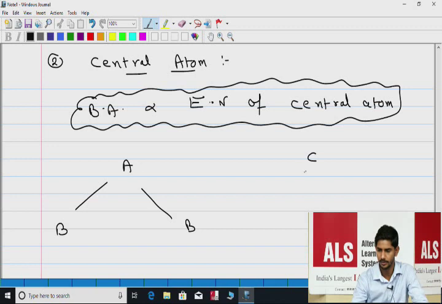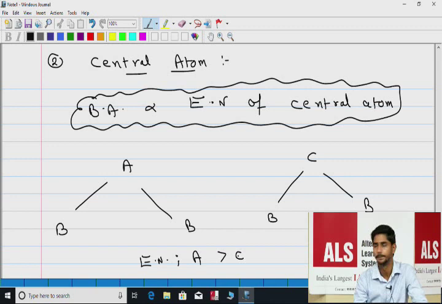This is C, this is B. I am saying the electronegativity of A is greater than C. So what will happen? A will pull the electrons of B towards itself, like this.